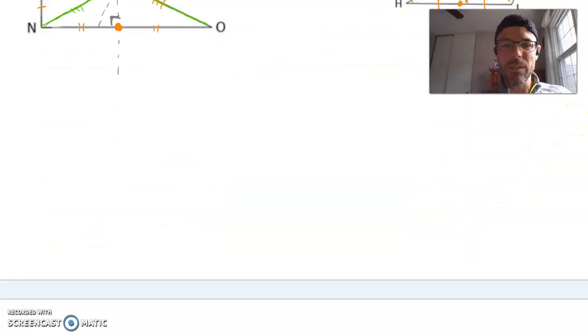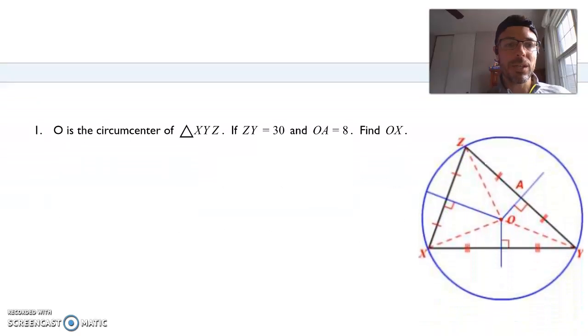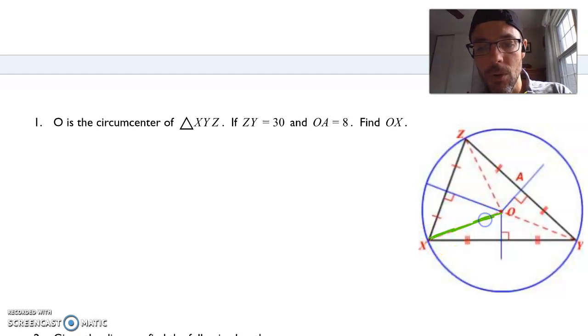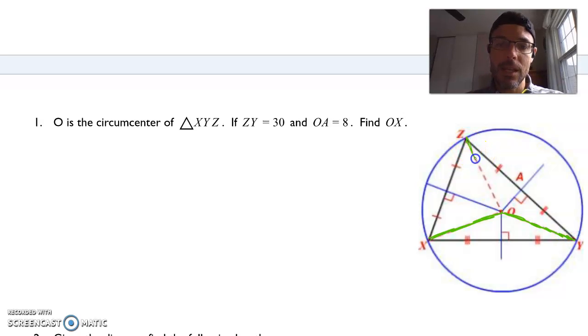That's really one of the big applications of this algebraically. If I said you had circle O, with O as the circumcenter, your straight up conclusion from that is that segment OX is congruent to segment OY, or equidistant, and segment OZ. Those all are congruent.